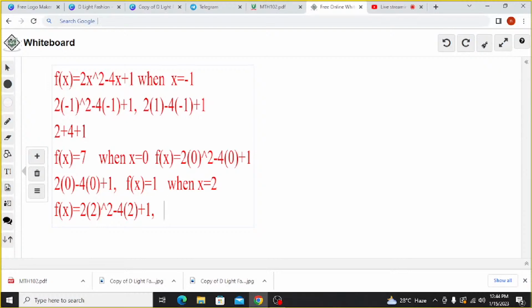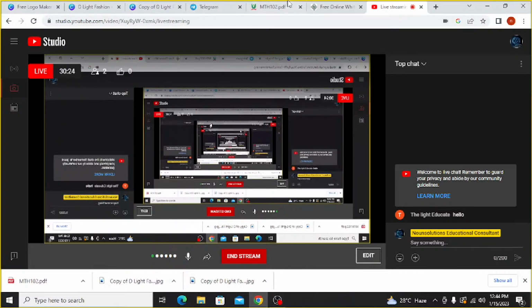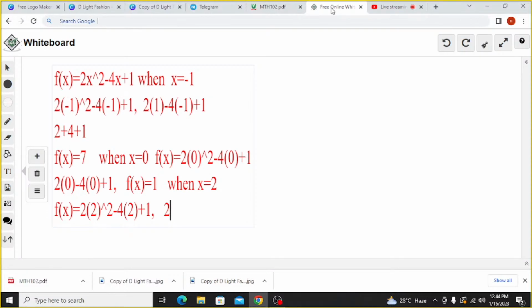So what's our function here now? It is 2 open bracket 2 squared. 2 raised to power 2 is 4, because 2 multiplied by 2 equal to 4, minus 4 multiplied by 2, plus 1.